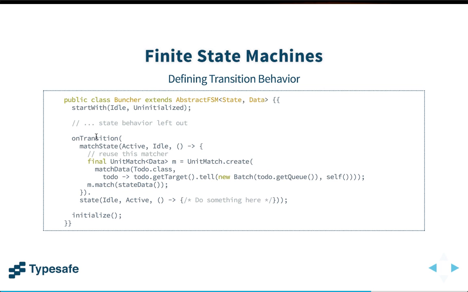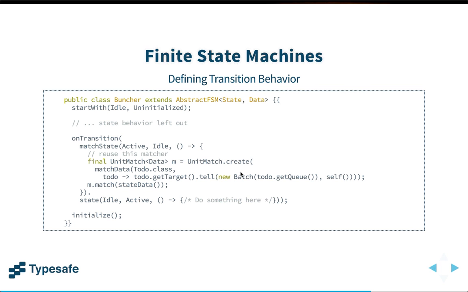So on the transition between active and idle, we basically take the data and match it. This is sort of a matcher that, depending on the types of the data, we can do different things, but we have a matcher here that we want to reuse later, so we don't create a new one for every transition back and forth.